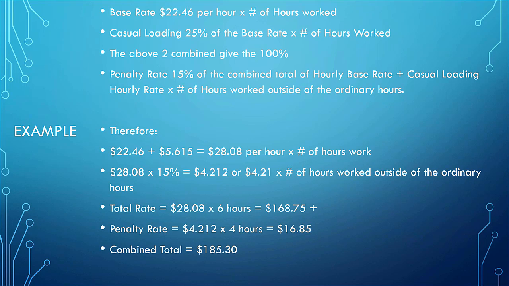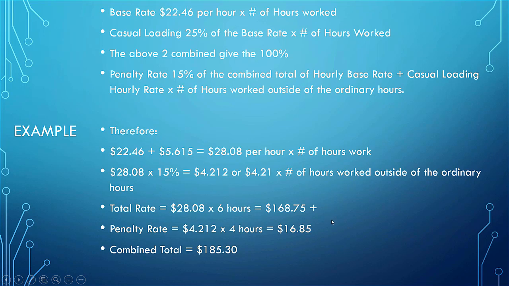Then you'll have the $5.615 by 6 hours, and then you'll have the penalty rate at 15%, $4.212 by, i.e., 4 hours, 2 hours, 1 hour, whatever number of hours you've worked outside your ordinary hours in your shifts over the week, calculated in your rate, and give you a total. I hope that's a lot clearer for you on how it's actually worked out.